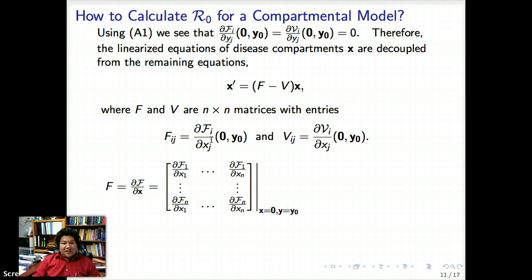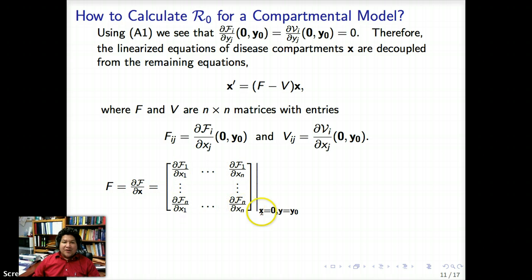So the matrix F looks like this: this operator F has n components, and you take every component and differentiate it with respect to every single state variable for a disease compartment. So you have n of those, that's what happens in the first row, second row, all the way through the nth row.